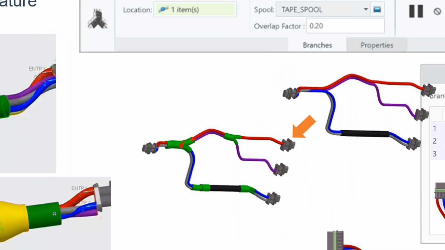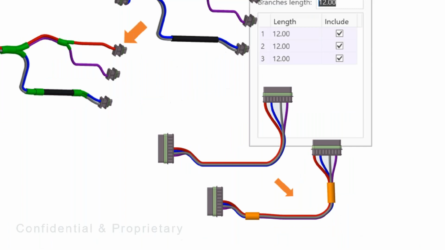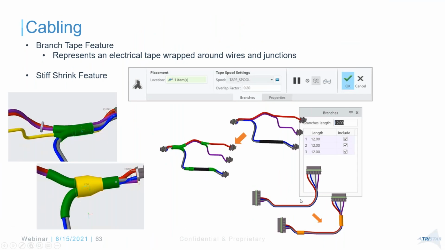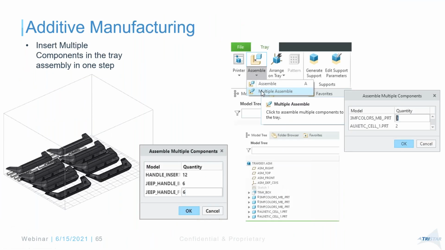It's considered a cosmetic feature, but it does require a spool, just like the other cable spools and wire spools. And then you can also have a stiff shrink. It always has to be straight, unlike a bundle, which can go along a bend and through which you can route wires.